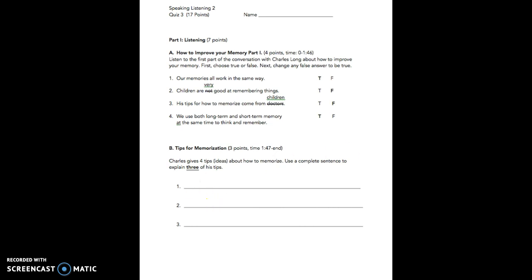Okay? So let's listen. Tips have you got for improving the quality of our memory? Right. Well, let's start with association. Association. Yes, we can use word association to remember an idea or a concept. This means choosing a word or phrase you associate with what you were trying to remember.